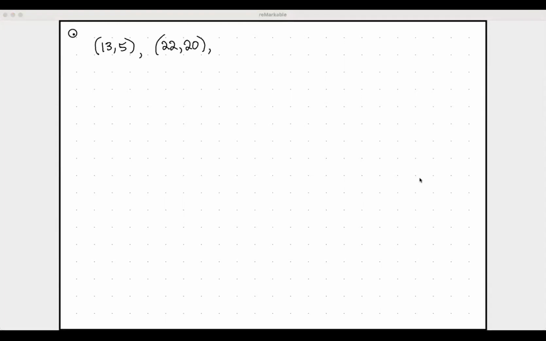There's a corner at the right here, 42, 0. And then lastly, there's a corner at the bottom left, 19, 0. Okay, so those are the corners of my trapezoid.